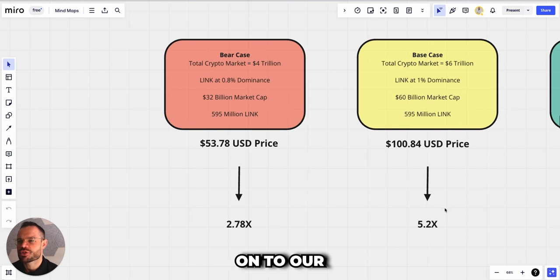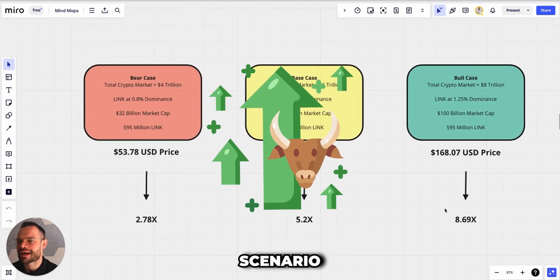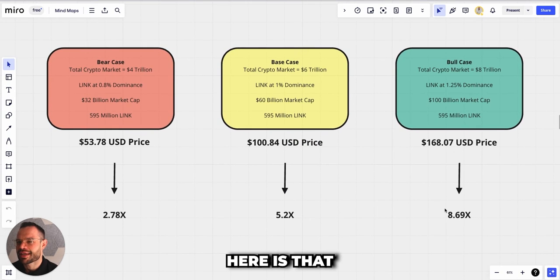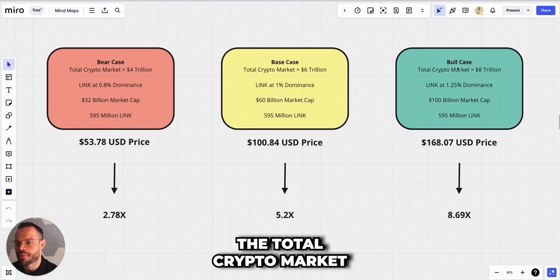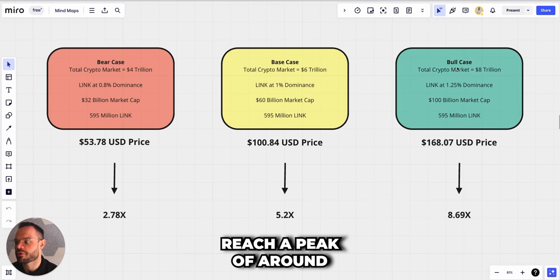Finally, moving on to our bull case scenario, what we're saying here is that the total crypto market cap could reach a peak of around $8 trillion US.